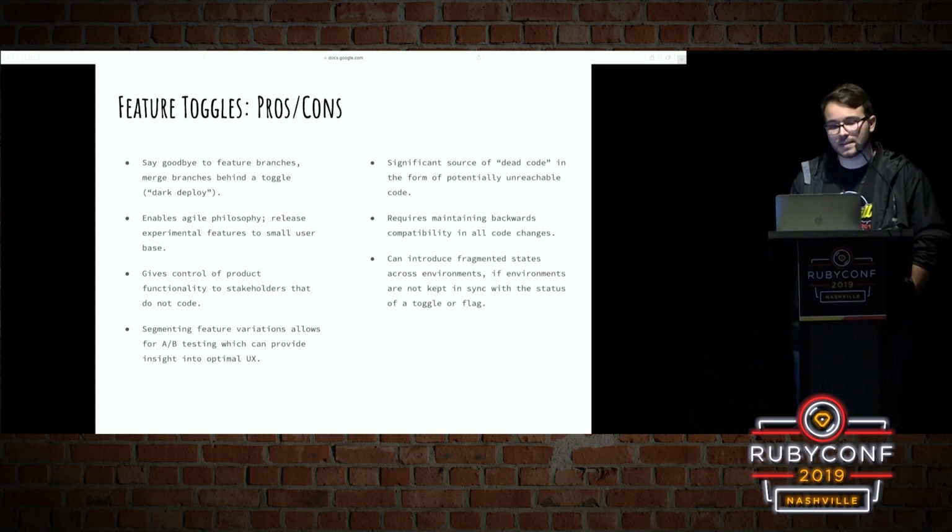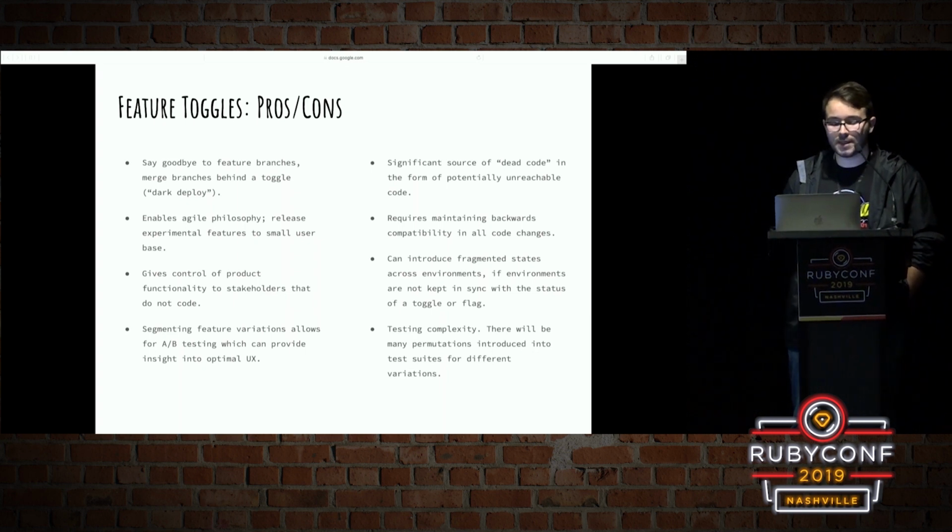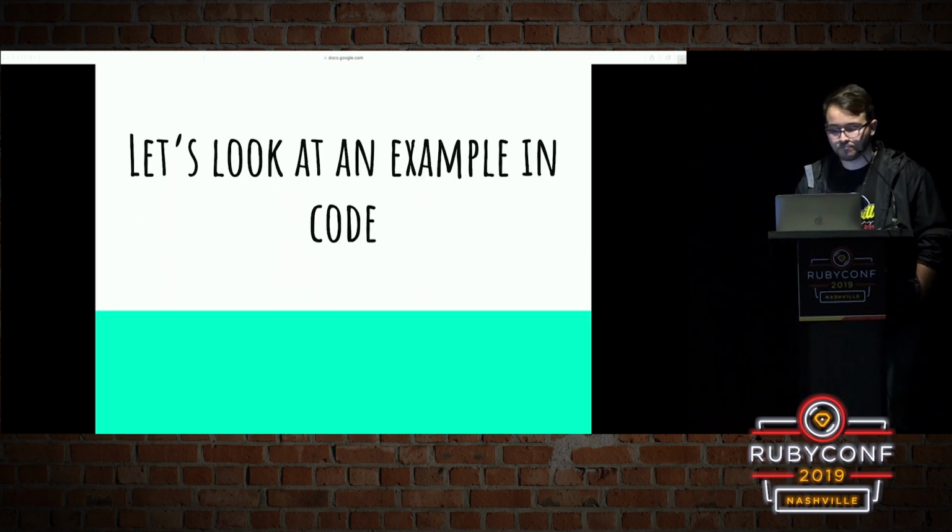So you're seeing different experiences while testing or developing your application in one environment. Testing complexity: in your unit tests and your integration tests, you probably want to maintain any tests that test existing behavior and new behavior that you're introducing behind a toggle. So that carries costs with it as well.